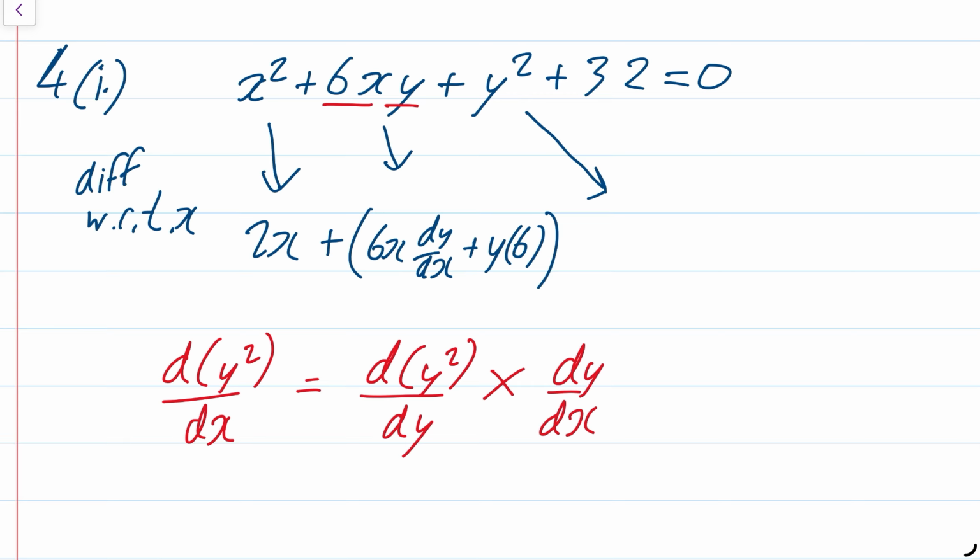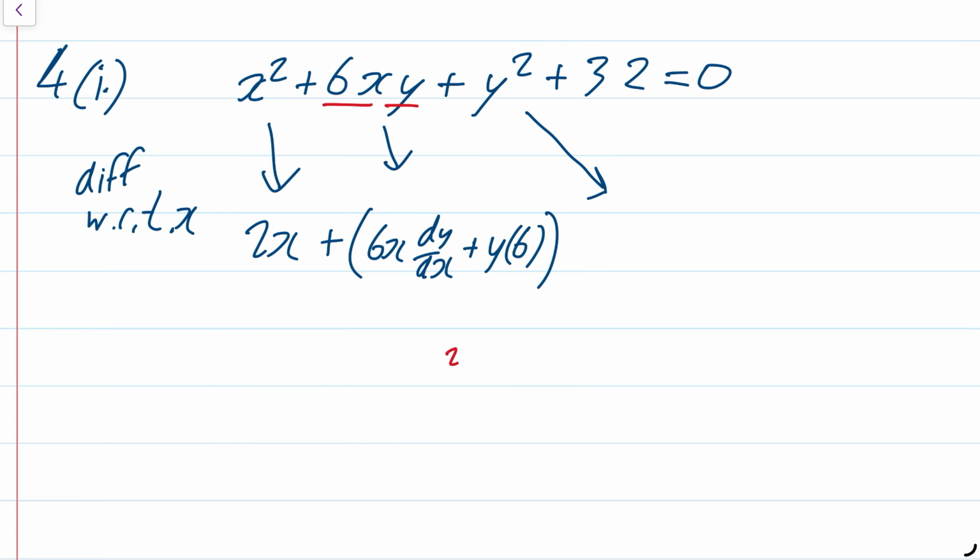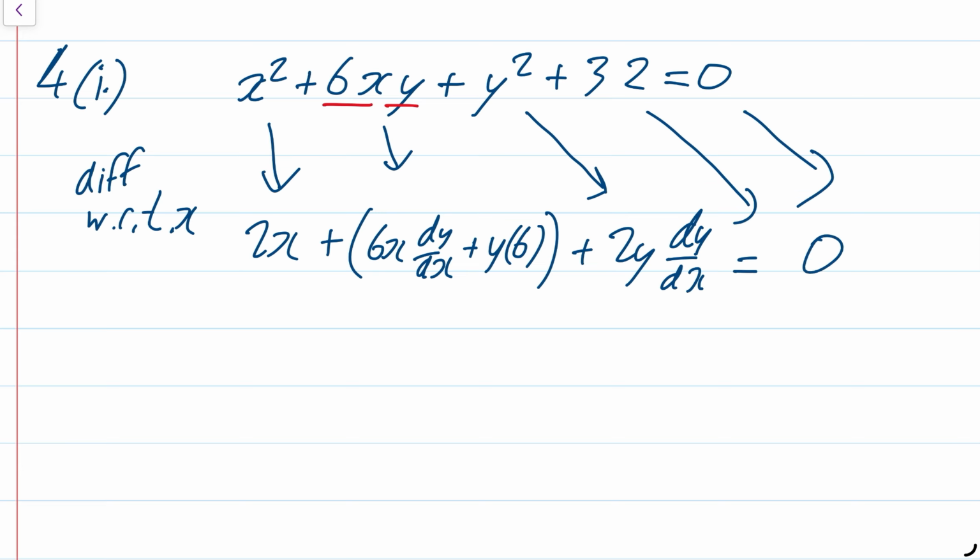So any function of y, just differentiate with respect to y and then put a dy by dx on the end of it. That's really it. So when we do this, if you differentiate your y squared, you will get 2y and then dy by dx. Differentiate your 32, you get 0. Don't need to write it down. Differentiate the 0, you get 0. Okay, so that's that all done.